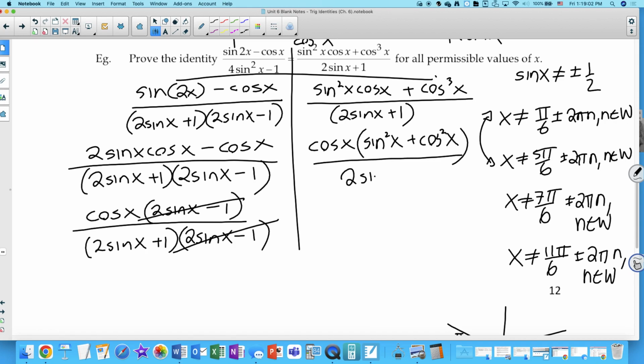The top would just be 1. Exactly. Now I see that Pythagorean identity. So this is just cos x times 1 over 2 sine x plus 1. And now I have that the left side equals the right side.